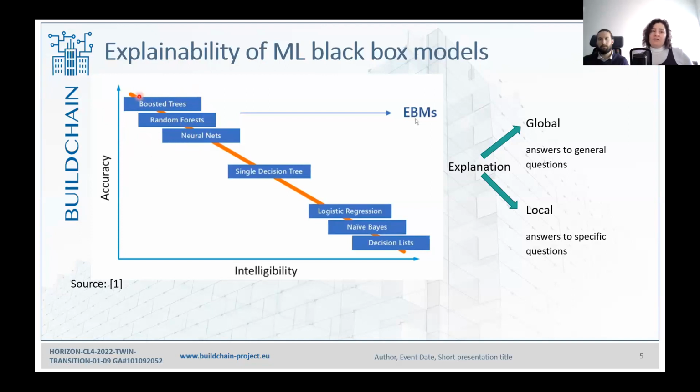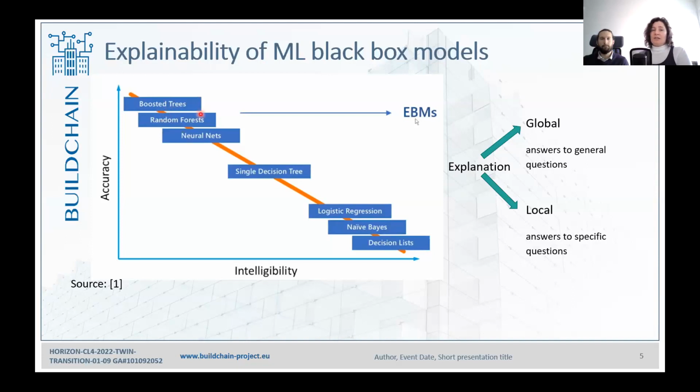Now, there are many efforts recently in the machine learning community to do something about this lack of interpretability. One way, for example, where the plot was cited from, is to use explainable boosted machines, so have a specific structure of the machine learning model to make it somehow interpretable.